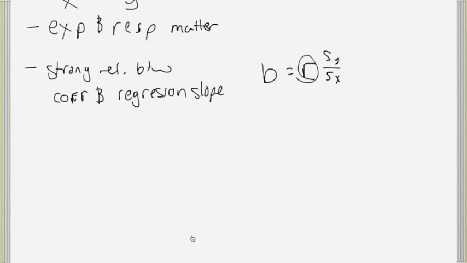So correlation plays into finding our slope. Standard deviations are always positive, so that fraction part is going to be positive. So if our correlation is negative, our slope will be negative. If our correlation is positive, our slope will be positive. That correlation coefficient has a big effect on what our slope is going to be.